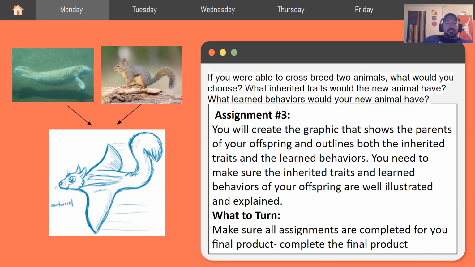The mantwhirl, I like that name actually, would take the head of a squirrel, body of a squirrel, but with the arms of a manatee and the tail of a squirrel. So the mantwhirl would be really the world's first literal flying squirrel.